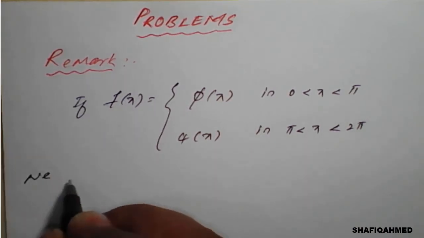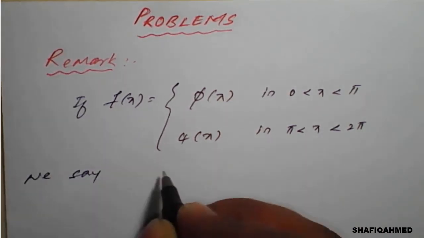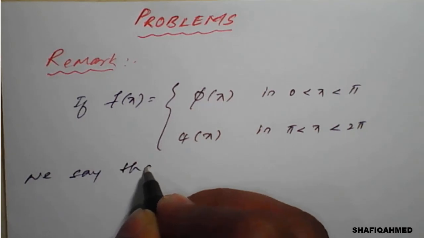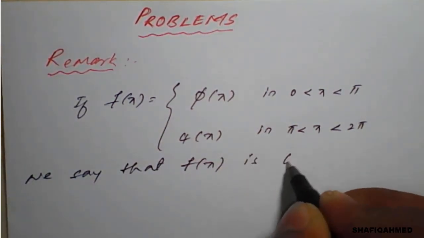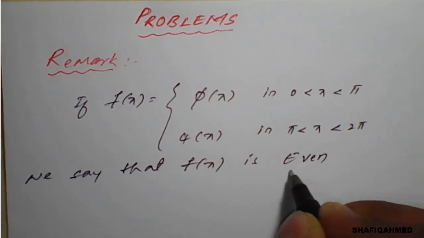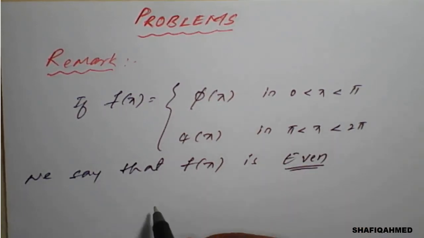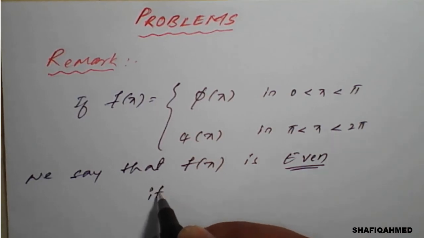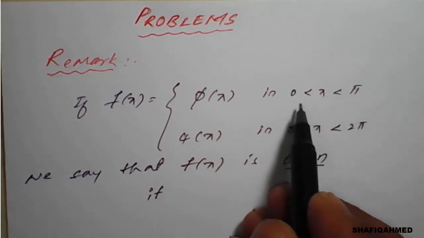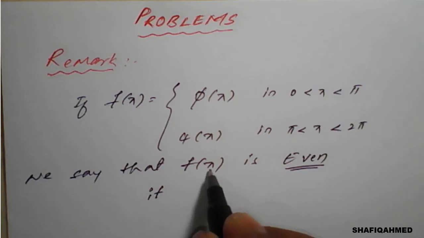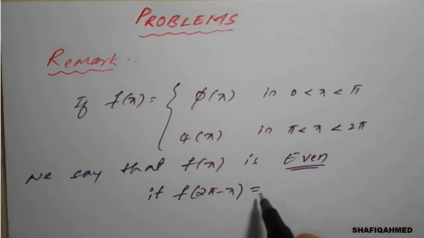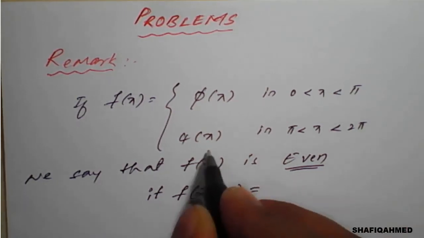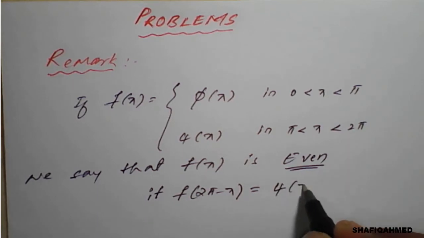So we say that f of x is even if, in the interval 0 to 2 pi, x is replaced by 2 pi minus x in phi of x, and the result turns to psi of x.